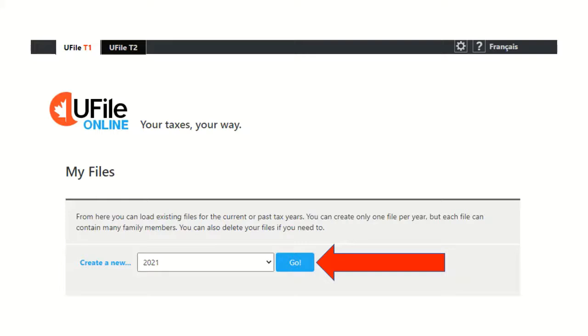Let's say you came to Canada in October, November, or December of 2020, but you did not submit your tax return. You can still submit your 2020 tax return using the same software. But for the time being, I'm just showing you 2021. That is why the first option shows, create a new 2021 and go. If you click this go button.